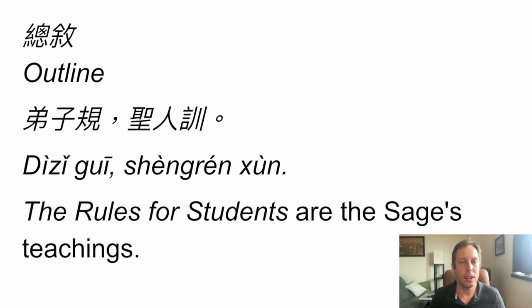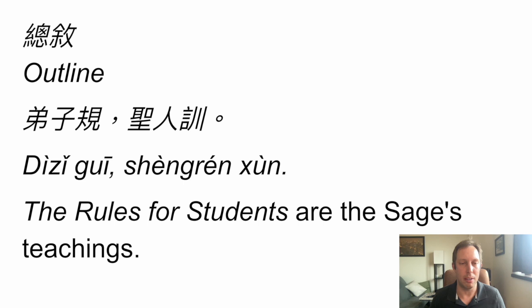弟子规 圣人训. So again we have 弟子规, which means the rules for students, and the second half is 圣人训. 圣人 means sages or saints, and 训 means teachings. As with a lot of classical Chinese, the verb "to be" is implied.